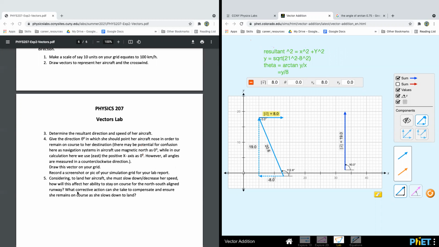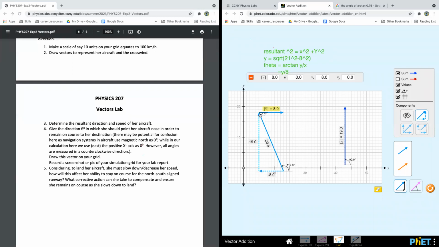So question 5 is: consider when she landed her aircraft, she has to slow down. And when she slowed down, that means her speed is no longer 21 anymore. So the speed will slow down.